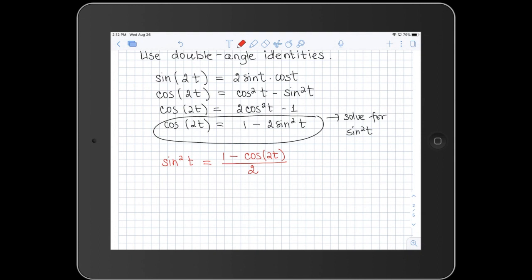Now this expression we can integrate, because we just rewrote a quadratic form of our trig function as a linear function. So this is 1/2 minus cosine of 2t over 2. 1/2 is easy to integrate. Cosine of 2t over 2 is a function you can do with u substitution.